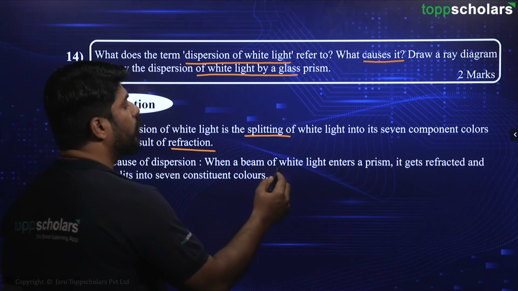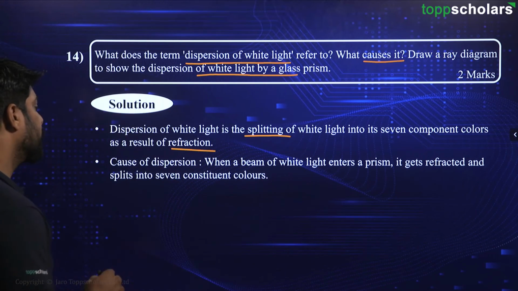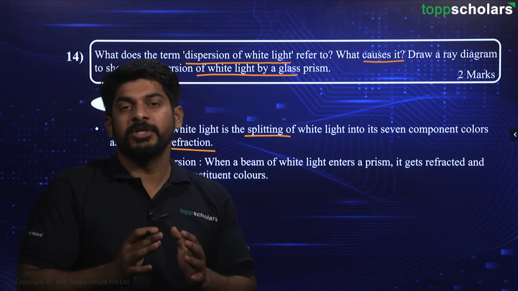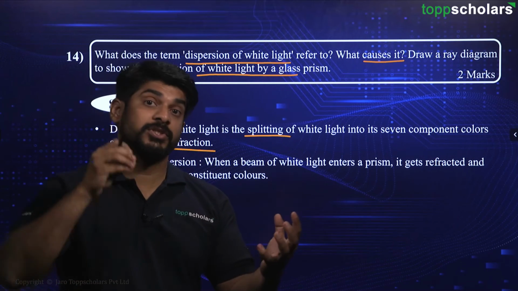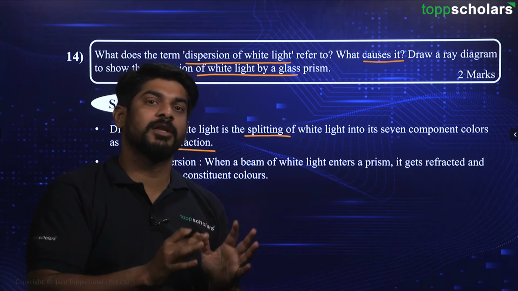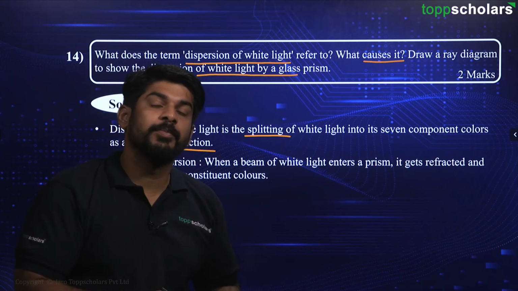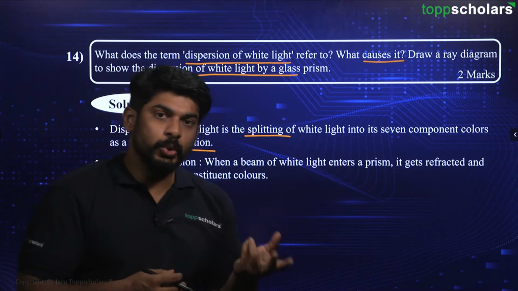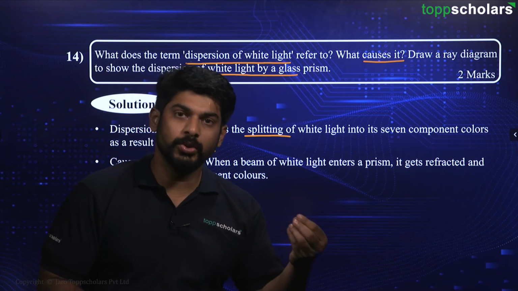When a beam of white light enters a prism, it gets refracted and splits into 7 constituent colors. Not only a prism, but any refractive material: whenever white light passes through that material, it spreads into 7 colors or whatever number of wavelengths are present in that particular source of light. So if there are 2 wavelengths, then it will be split into 2 colors.